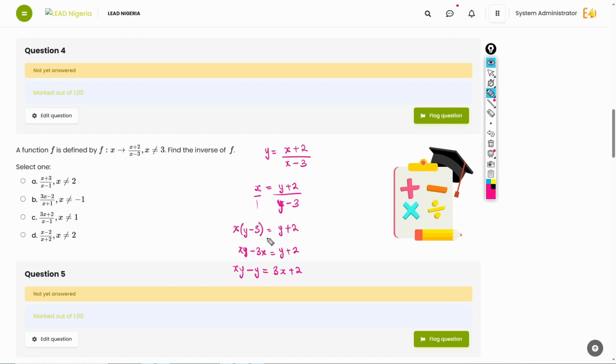Right, so I moved y over to the left hand side and minus 3x over to the right hand side, and now factor out y. Okay, and my final answer would be y is equal to, because now I can divide both sides by x minus 1, right? So y is equal to 3x plus 2 over x minus 1. Okay, so that's option C.